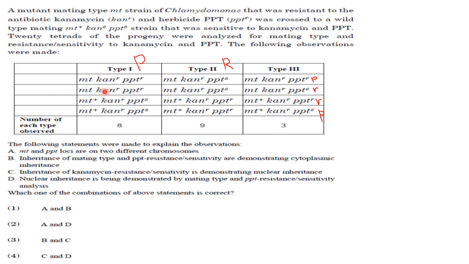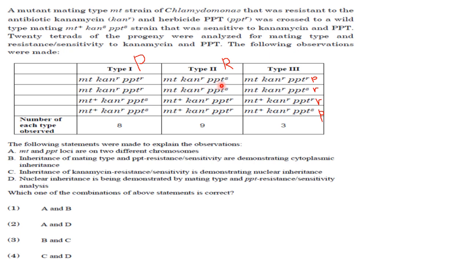But before coming to that, if you see over here, all these are parental mating types. MT minus PPTR is parental, MT minus PPTR again parental, MT plus PPTS, MT plus PPTS is parental. And this type 2, all are recombinants.